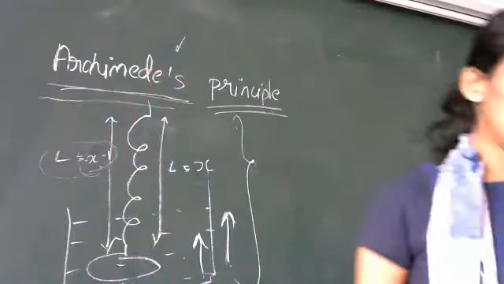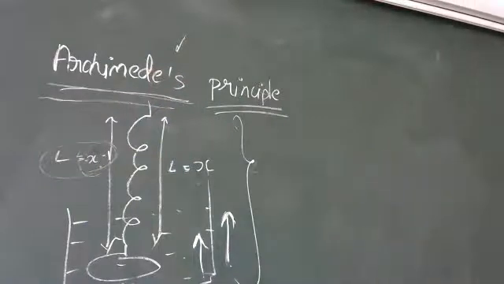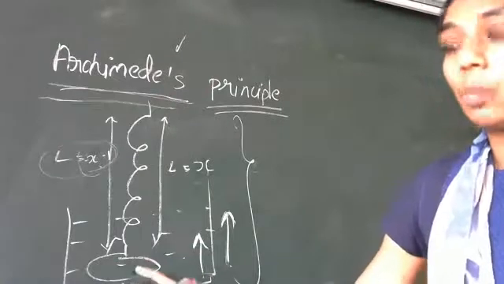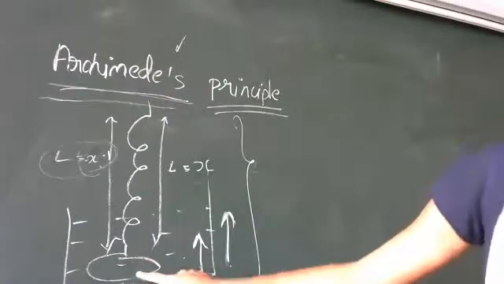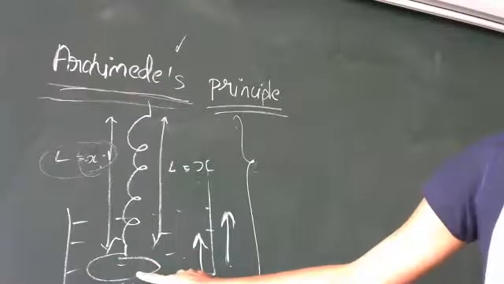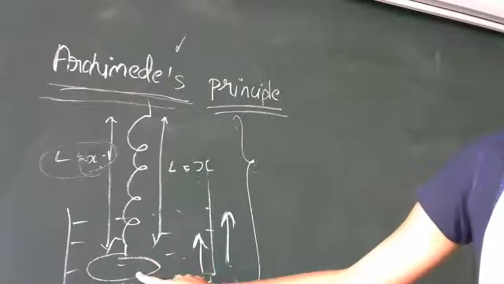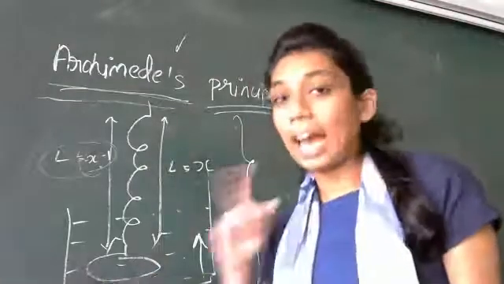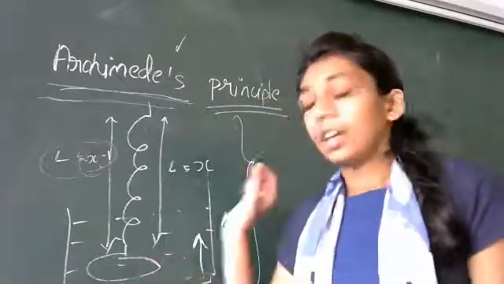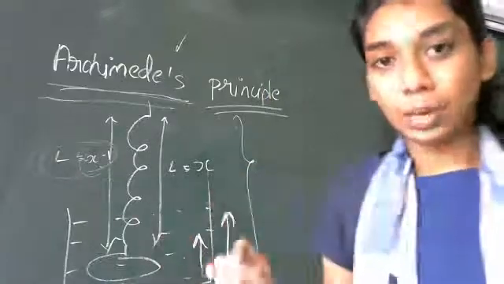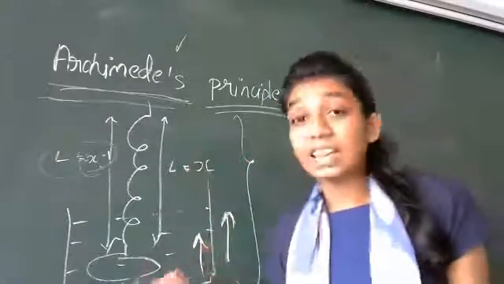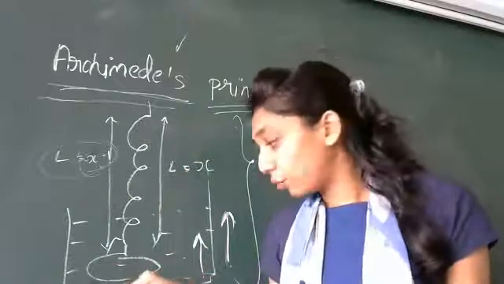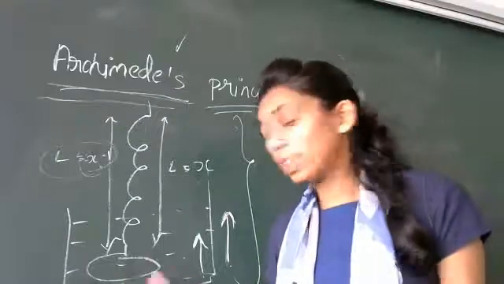Okay. So what his principle tells is that when an object is immersed, suppose this is our object, fully or partly in a fluid, it experiences an upward force which is equal to the weight of the object. Okay, I repeat, when an object is immersed in a liquid, either partly or fully, it experiences an upward force, and the upward force is equal to the weight of this object.